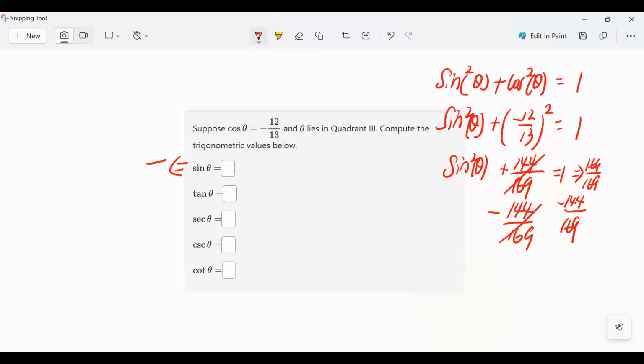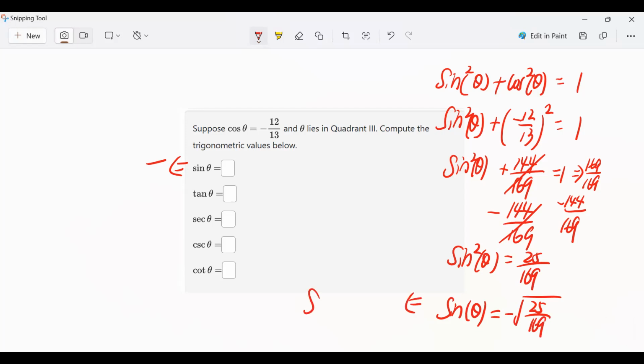When you subtract it, you get 25 over 169. So sine theta squared equals 25 over 169. From here, we take the square root. Get sine theta equals minus radical of 25 over 169. Then when we simplify, we get sine theta equal to negative 5 over 13.